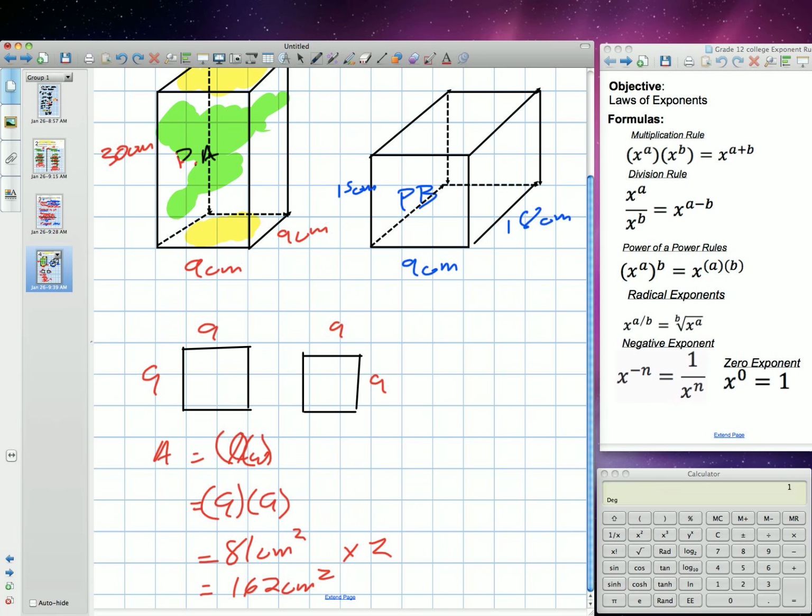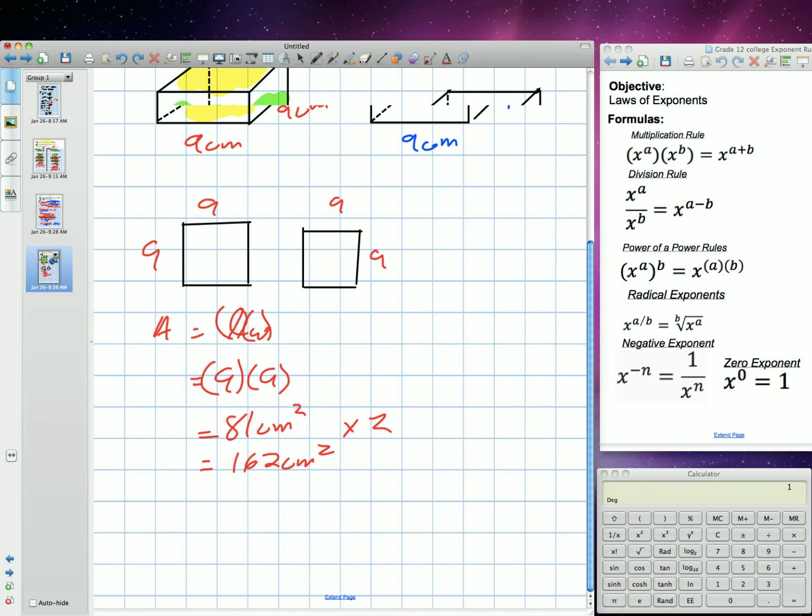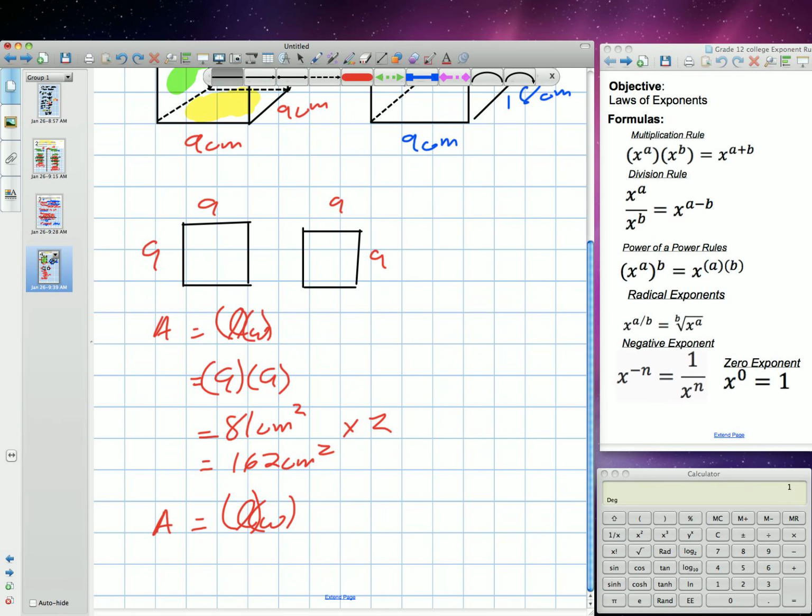We have 30 by 9, and there's going to be 4 of them. Okay? So 9 times 30 is going to give us 270 centimeters squared. And because there are 4 of those, we multiply by 4, which gives 1,080 centimeters squared.